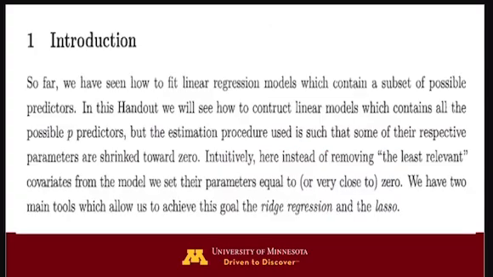So statistics is like a story that goes on and on. If you take a look at what I said here, so far we have seen how to fit a linear regression model which contains a subset of possible predictors. Of course, we've done that. In this particular lecture, you will also see how to construct a linear model which contains all the p possible predictors, but the estimation procedure used is such that some of their respective parameters are going to be shrunk towards zero.